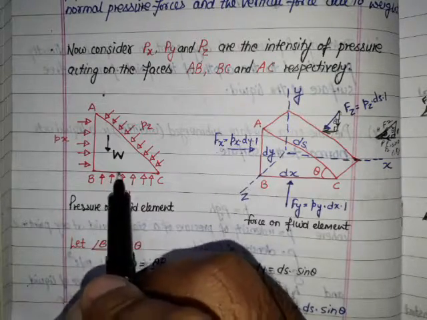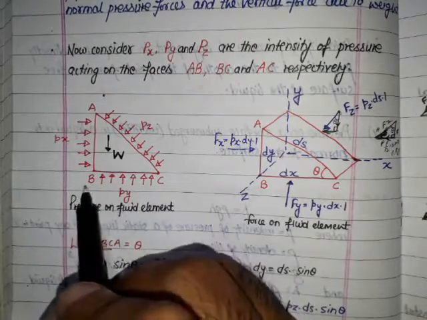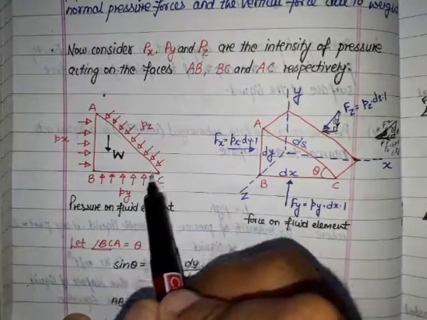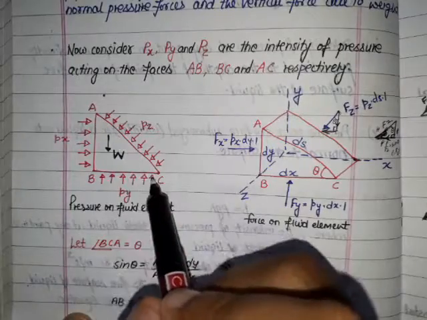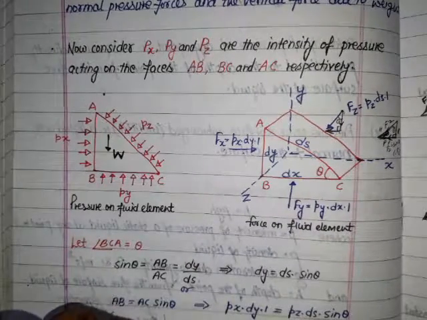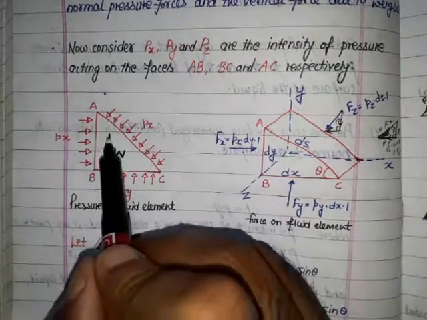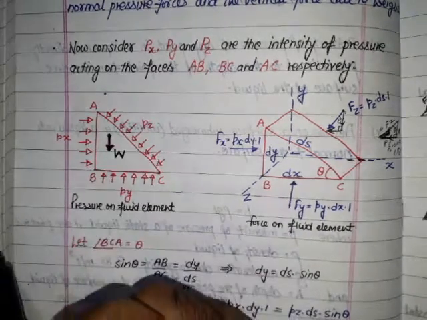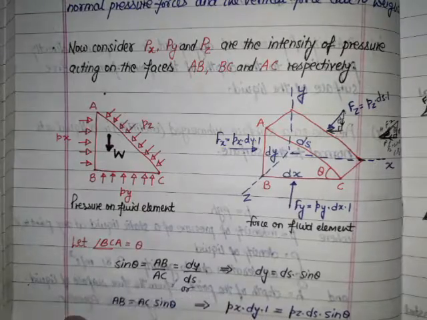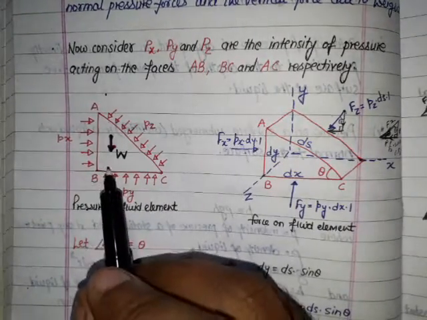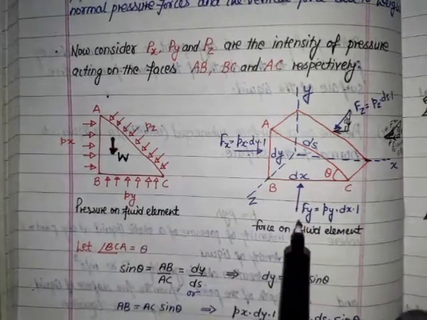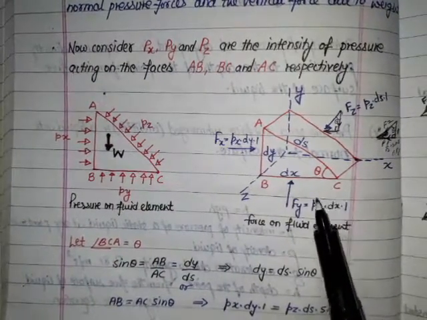This is Py, acting on the face BC, and this is Pz, acting on the face AC, and this is the vertical force acting in the downward direction due to weight. So this is the diagram for pressure on a fluid element, and this is the force on a fluid element.